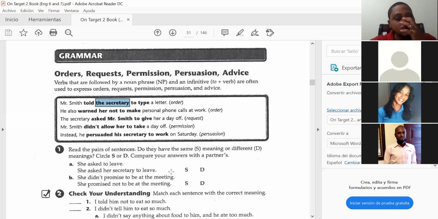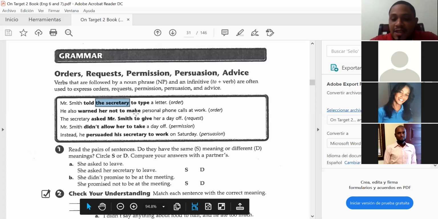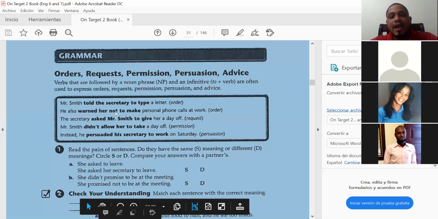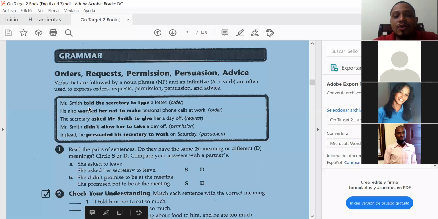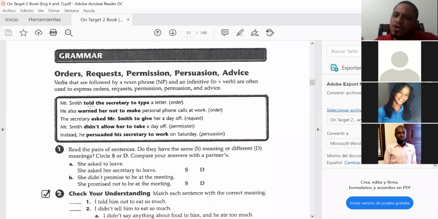Okay, now see this. The sentence has the verb told, right? Now, told is conjugated with the secretary or is it conjugated with Mr. Smith? Which one is it?